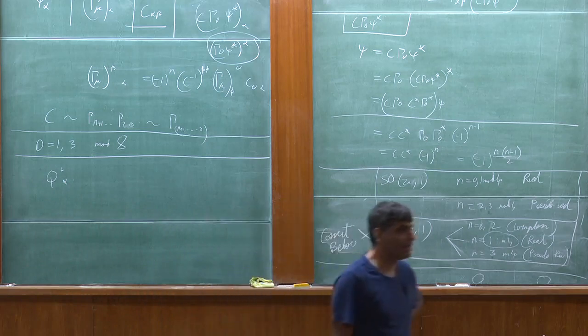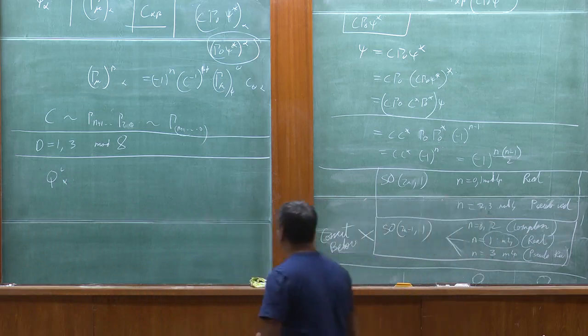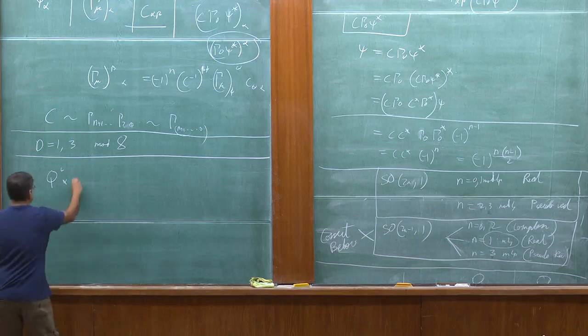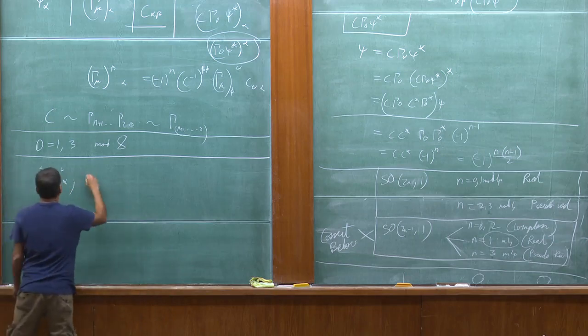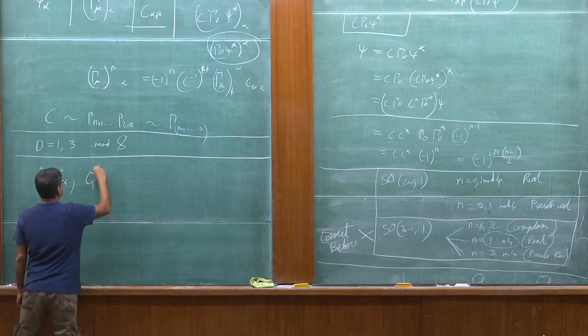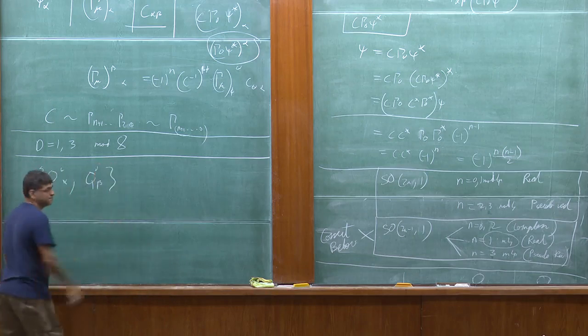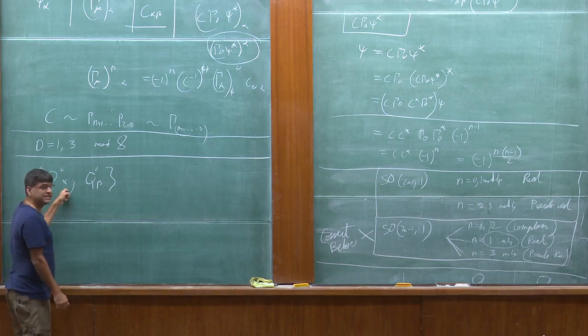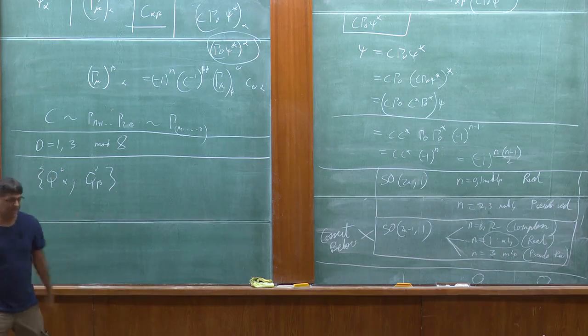So the question we're going to ask is, what is the anti-commutator of Q_i^alpha with Q_j^beta? i is just which spinor, and alpha is the spinor index, the space-time spinor index.